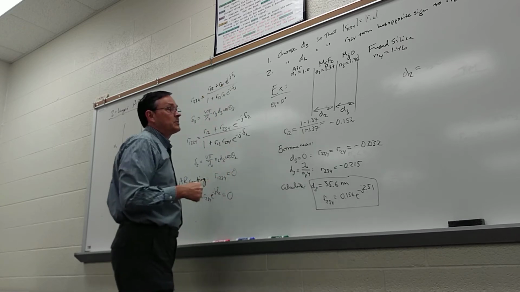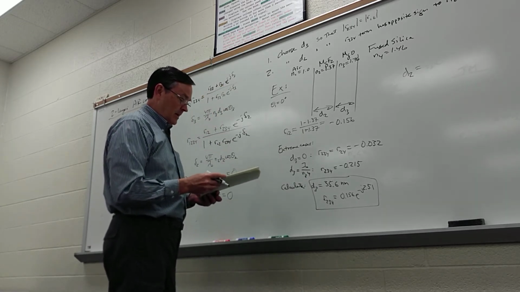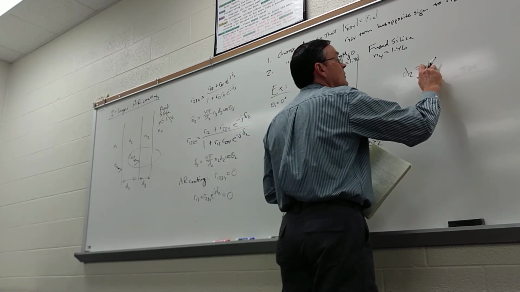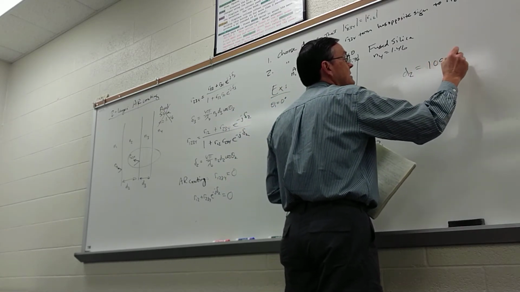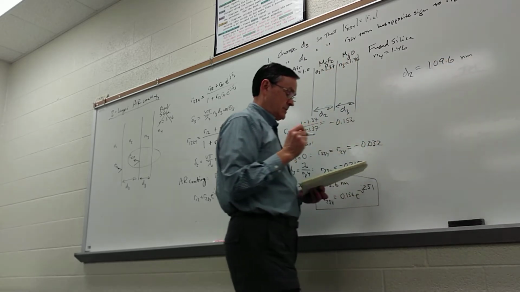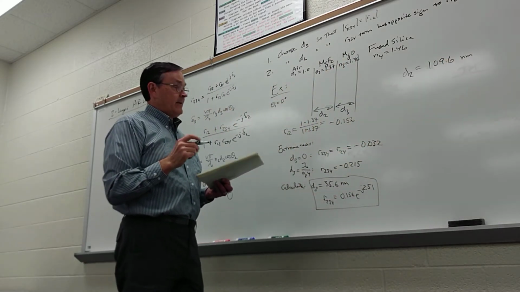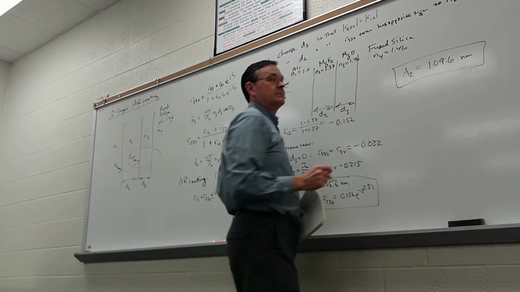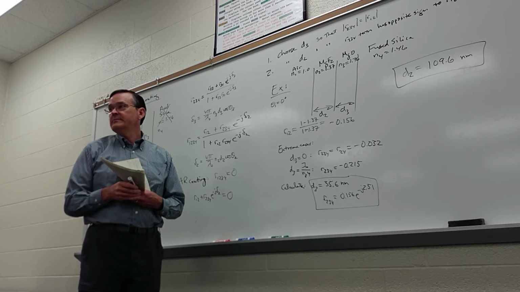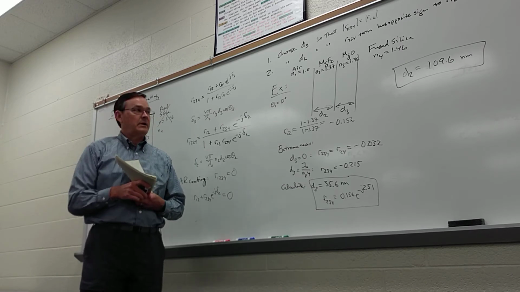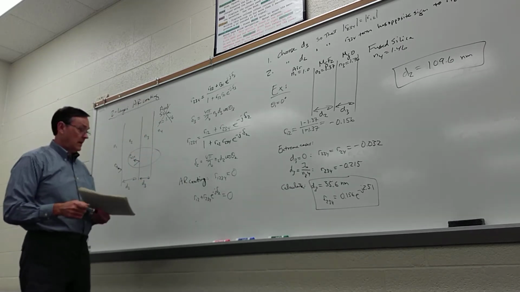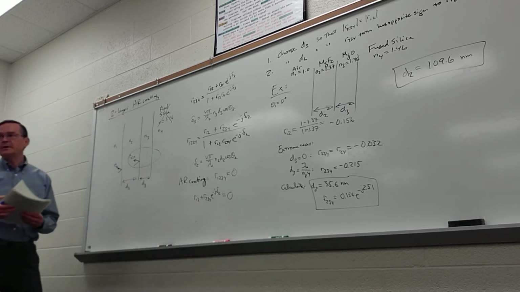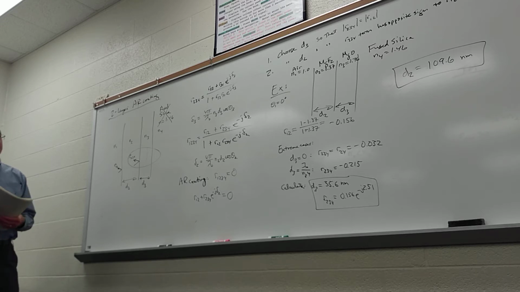So we perform that calculation, and what we end up with is that D2 is equal to 109.6 nanometers. And then we're done. That's it. So we have a 2-layer AR coat, and it should work really well. We'll look at a plot in just a minute, after we do another case.